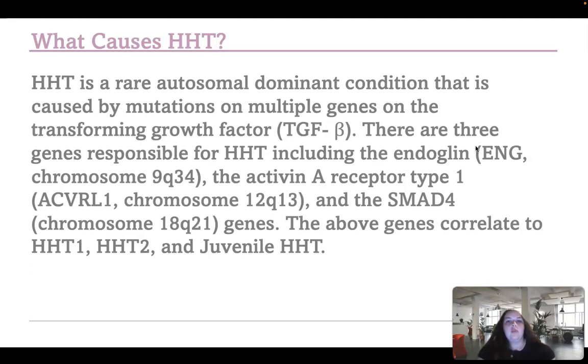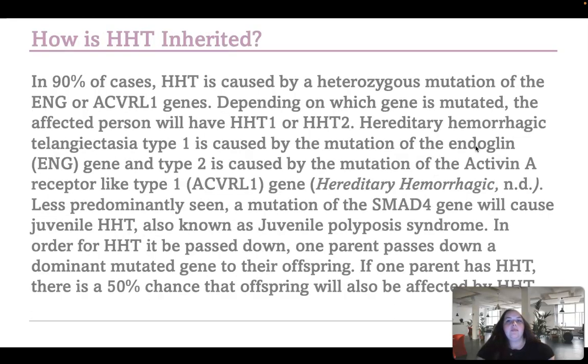The 3 above correlate to HHT type 1, HHT type 2, and juvenile HHT. The inheritance will be through a heterozygous mutation of the ENG or ACVRL1 genes. We're going to focus primarily on those and not the juvenile until a little bit later.